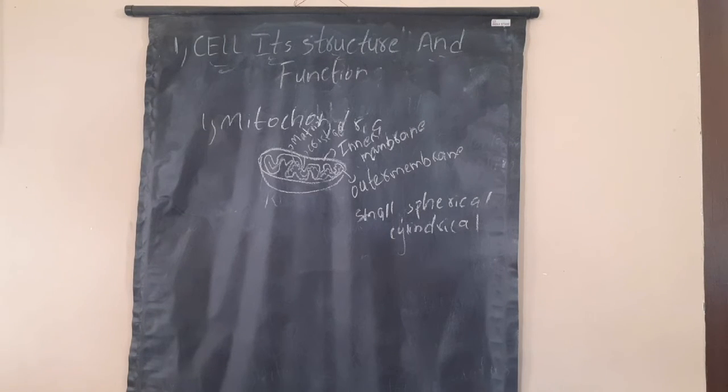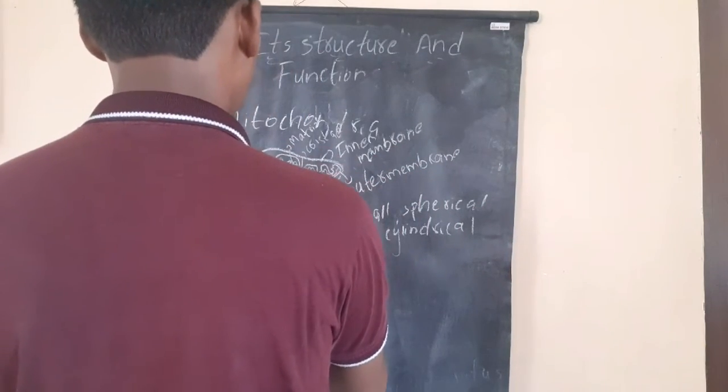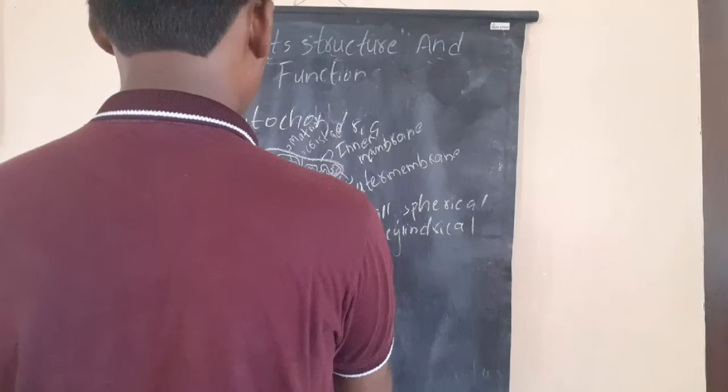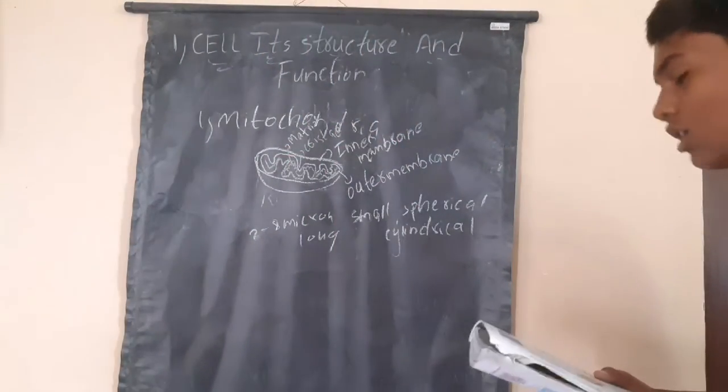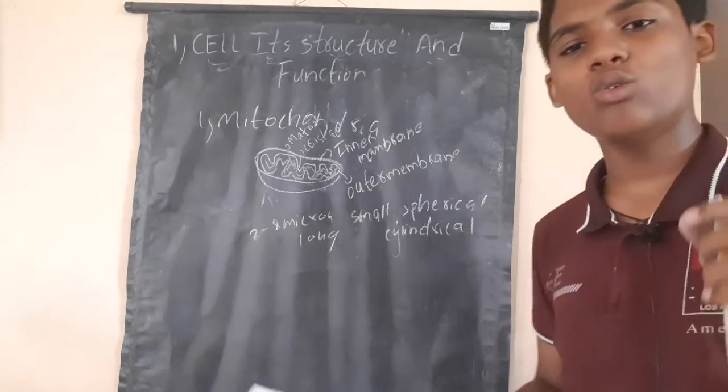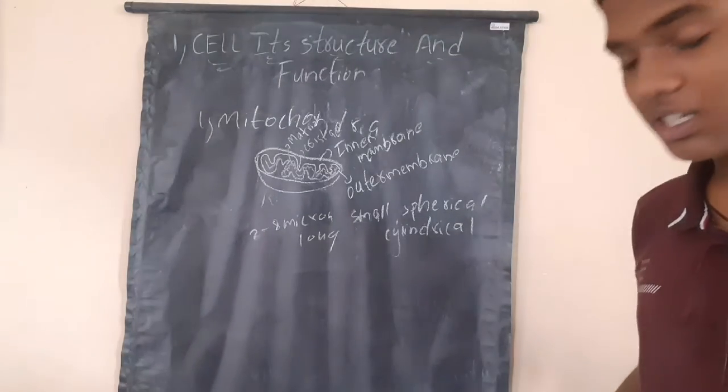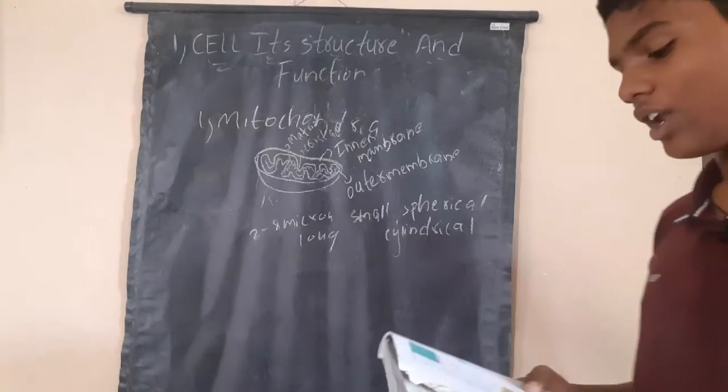Let us see the length and width of mitochondria. It is 2.8 micron long. A micron is very small; we can observe it only in an electron microscope.